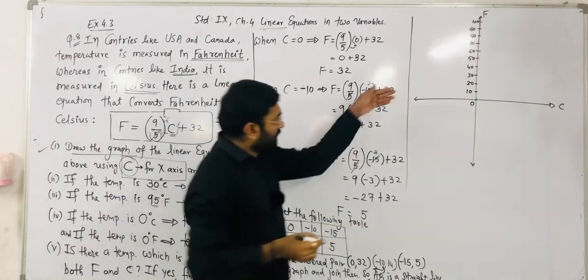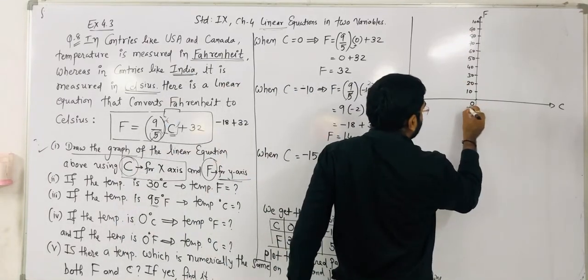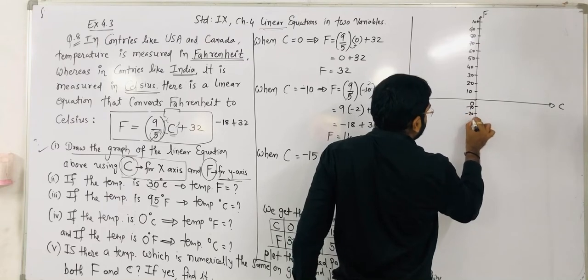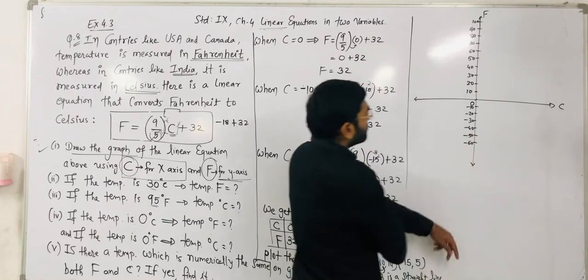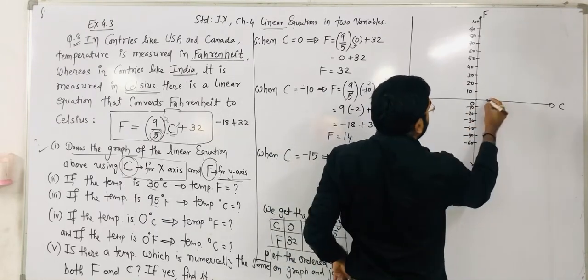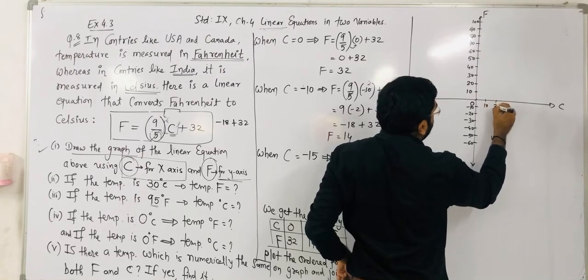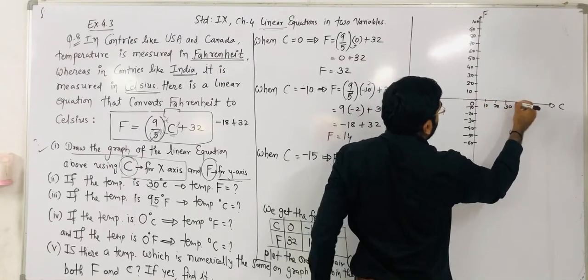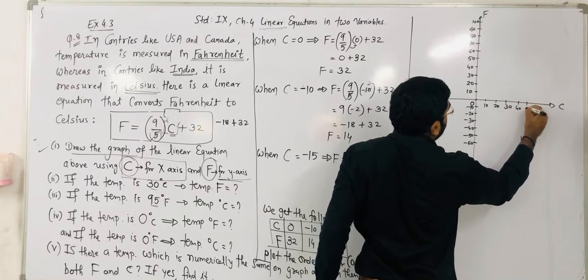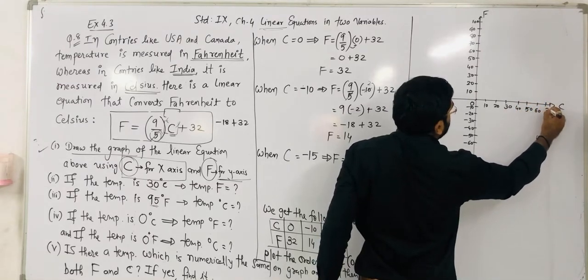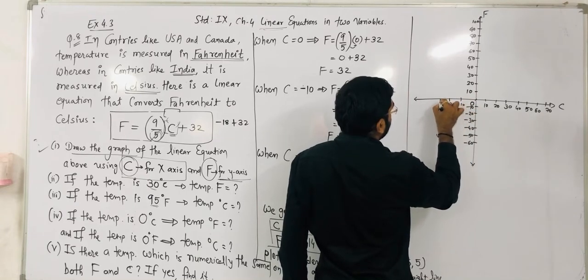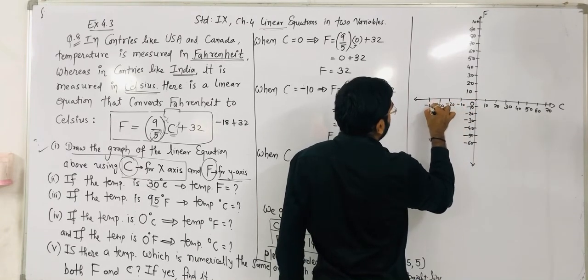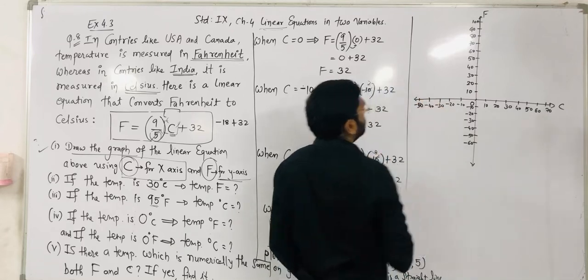Same way on the negative y-axis: minus 10, minus 20, minus 30, minus 40, minus 50, minus 60. On the x-axis, meaning Celsius, 1 centimeter is equal to 10 units. I take 10, 20, 30, 40, 50, 60, 70. Same way on the negative x-axis: minus 10, minus 20, minus 30, minus 40, minus 50.